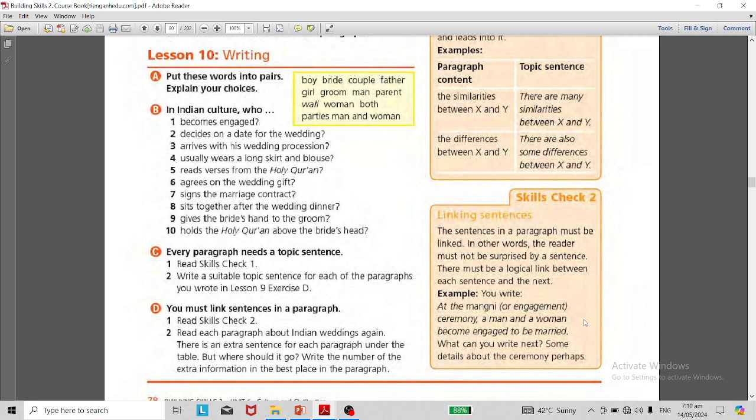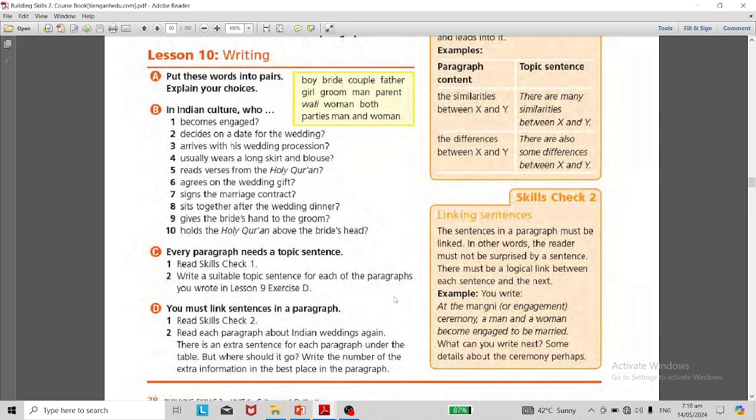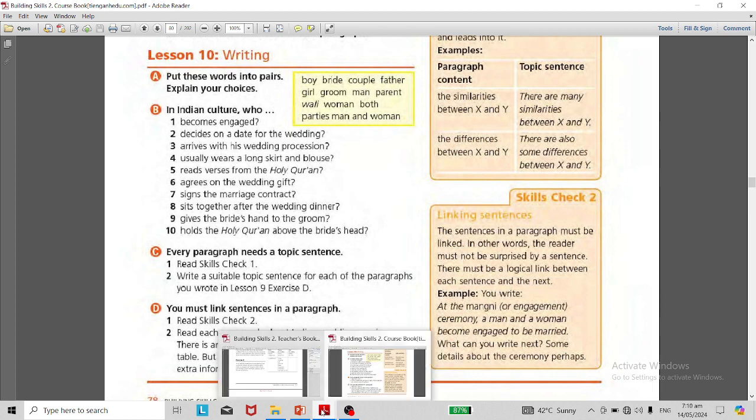You write at the beginning, a woman engaged, and then what can you write next? You can write some more sentences about the engagement, more ideas to support or to add details to it. So this is what is meant by linking sentences in a logical order. The sentences must be related and happen in sequence, one after another, and must be acceptable.